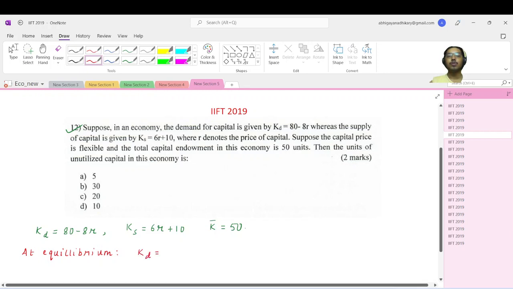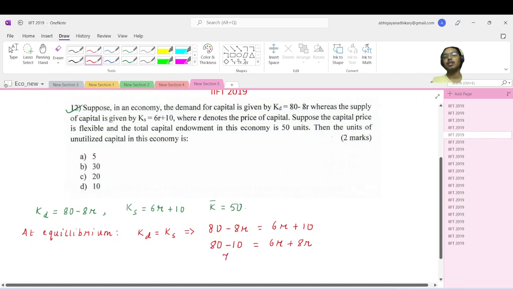KD will be equal to Ks, which means 80 minus 8R equals 6R plus 10. 80 minus 10 equals 6R plus 8R. So 70 is equal to 14R.